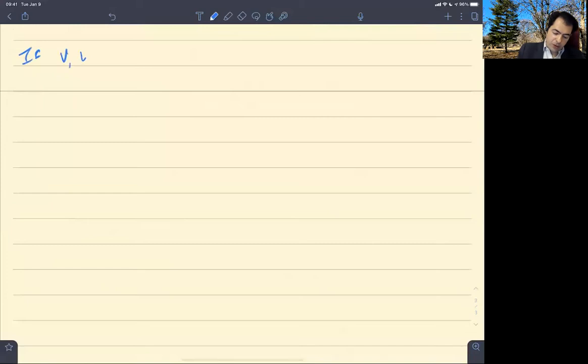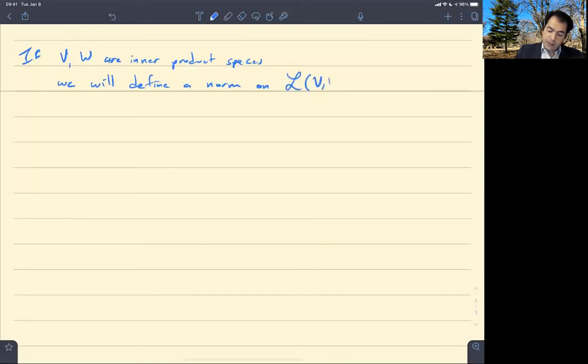So if V and W are inner product spaces, right? So for this course, our main interest is in inner product spaces. We will define a norm on the linear maps between V and W, called the operator norm.